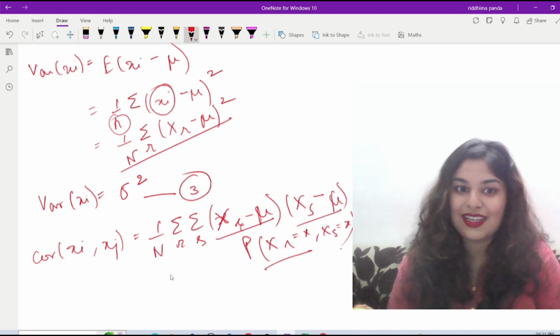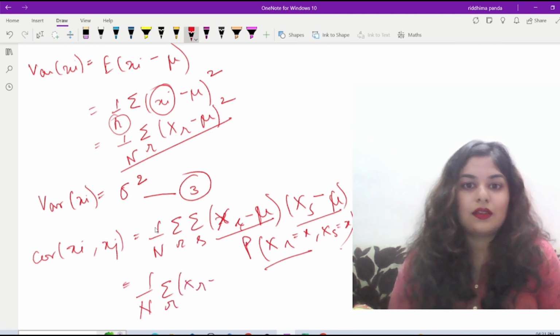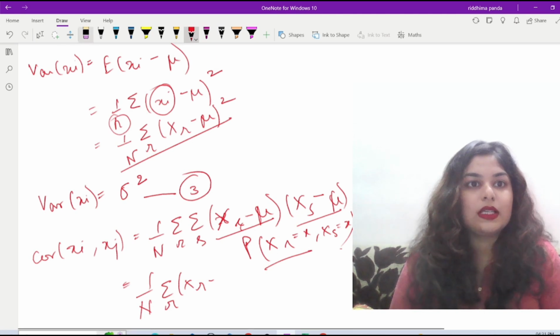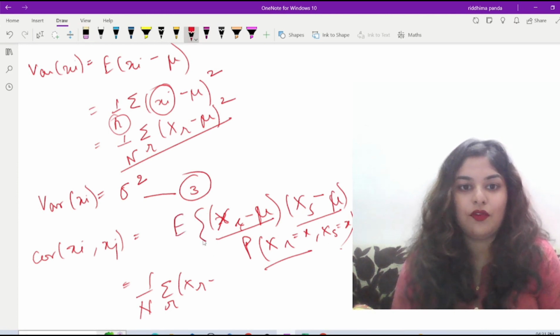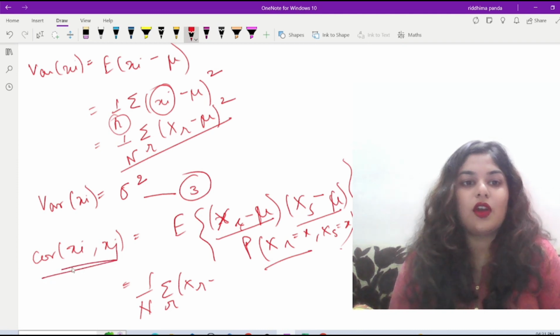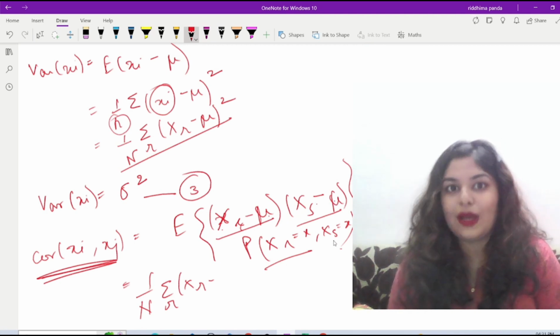Now since these are independent, I have to write down expectation. That is the formula of covariance. What is the formula of covariance? Covariance is expectation of variable minus mean into the probability.